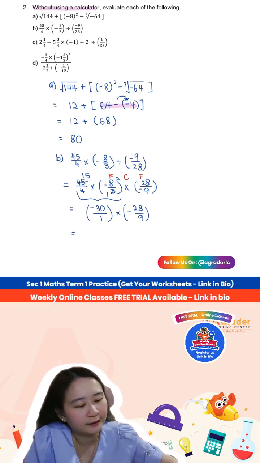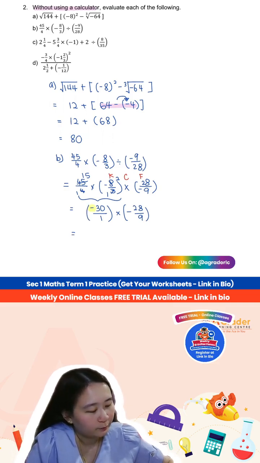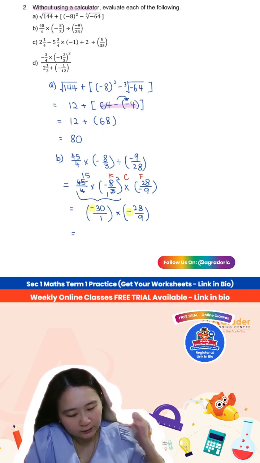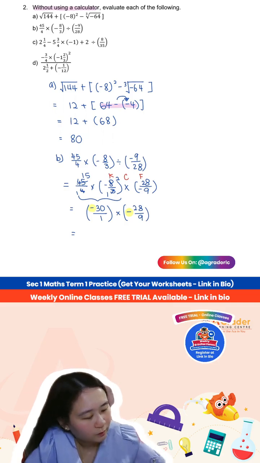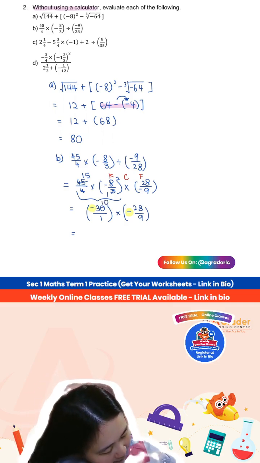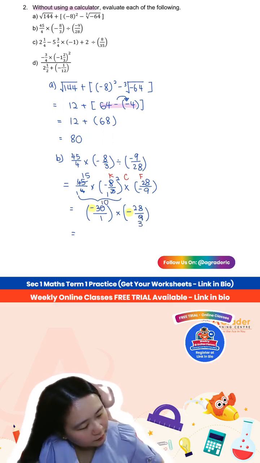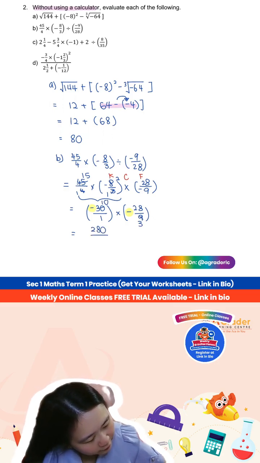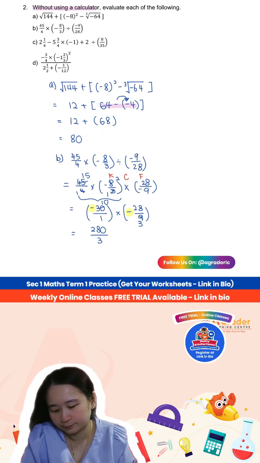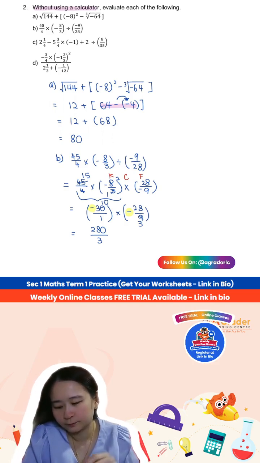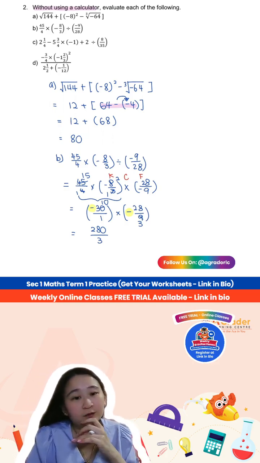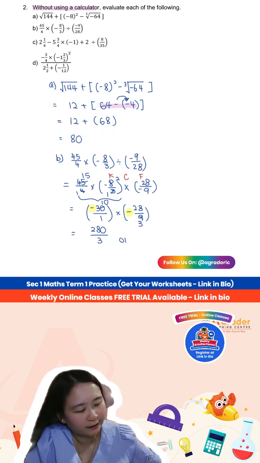So take note here, negative times negative, we will get a positive number. So we can divide by 3, we get 10, divide by 3, we get 3. So we have 280 over 3. Okay, so if you leave it in terms of mixed number, you will get 93 and 1/3.